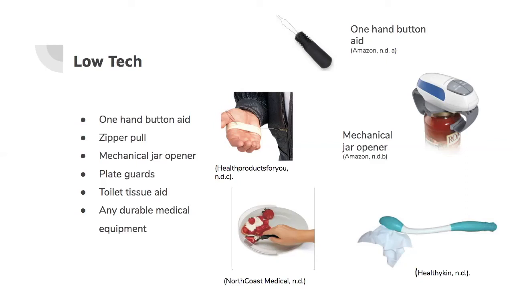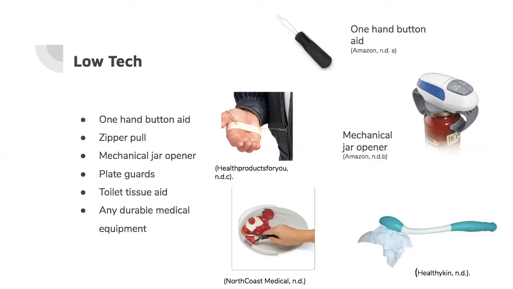Again, this is helpful for people who may have weakness in their hands or have difficulty just grasping onto objects. We also have a plate guard shown here, and this is helpful for those who have use of only one hand or even decreased fine motor coordination, and helps increase independence in eating.